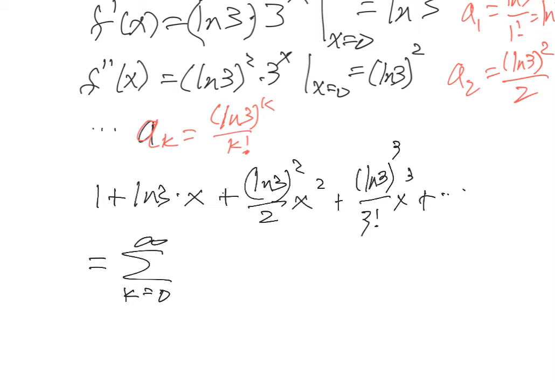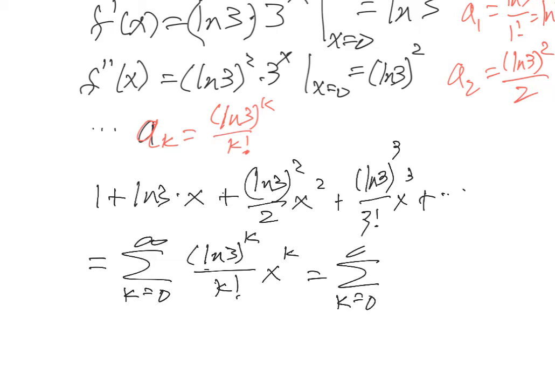And we see the coefficients are going to be ln 3 to the power k divided by k factorial, and then we have an x to the k. And we could combine the x and the ln 3 to a single power. It doesn't really matter. Like this. So maybe we would write the x first so we know exactly.